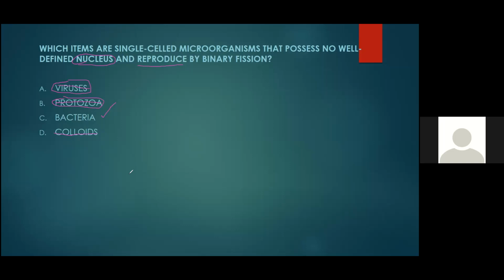They usually have a tail and a flagella and all this stuff, and it's very well defined. That's the biggest difference between them. Bacteria are pretty easy. So the answer there is C.